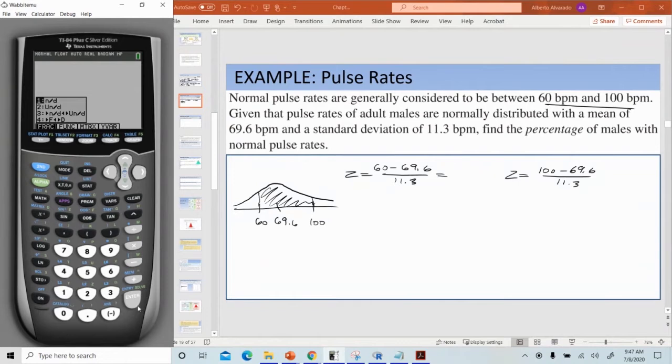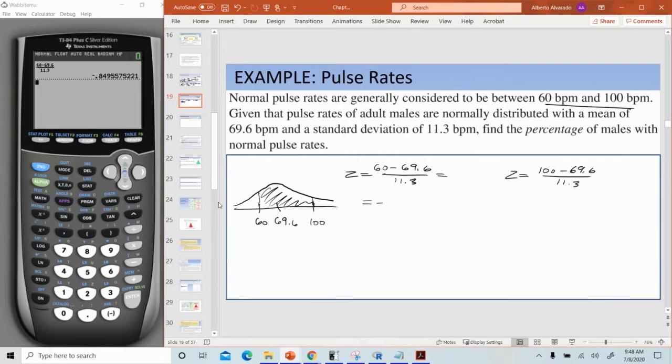So 60 minus 69.6 divided by 11.3 gives us negative 0.8496.